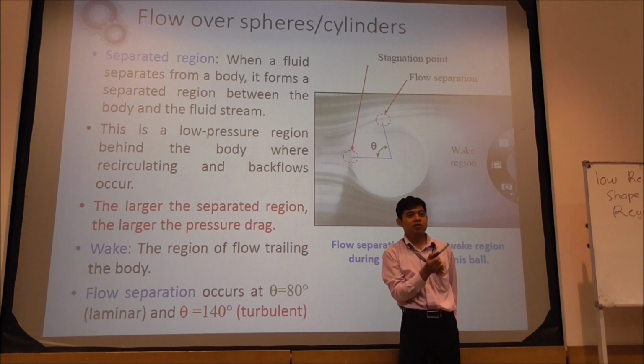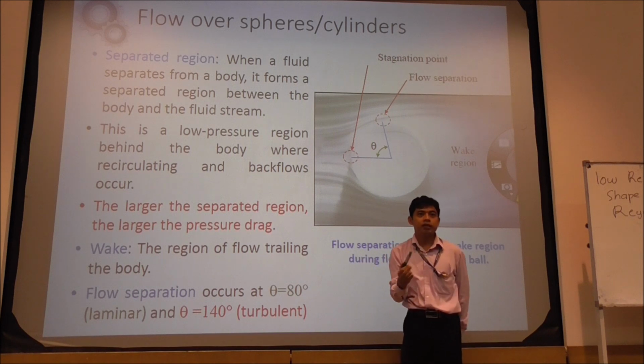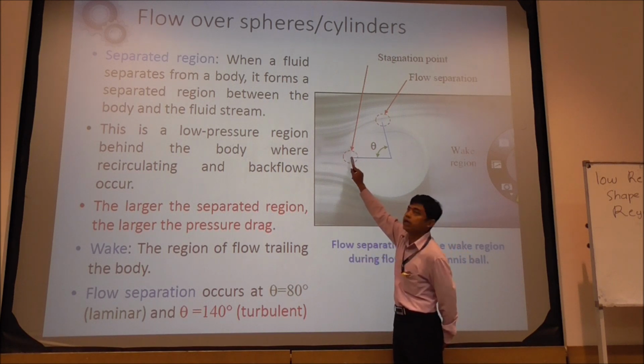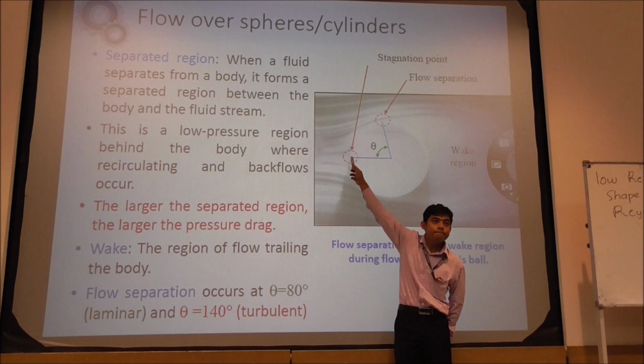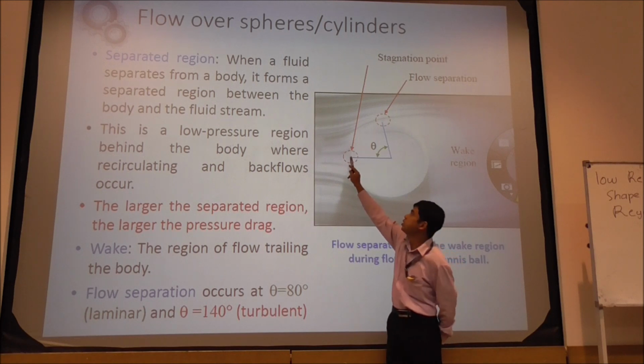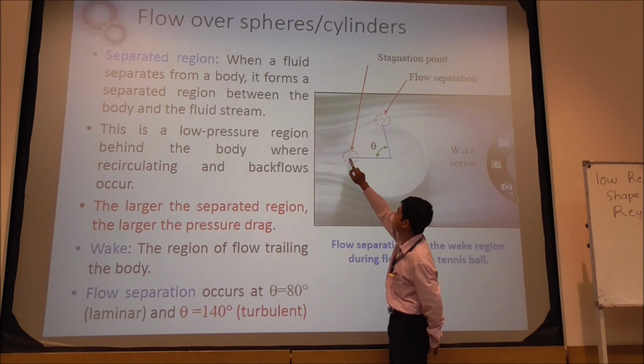You still remember what is stagnation point? Yes. What is that? The velocity drops to zero. So here the pressure will be maximum. Right? Because you convert all the velocity into a static pressure or stagnation pressure. So here the pressure is maximum.